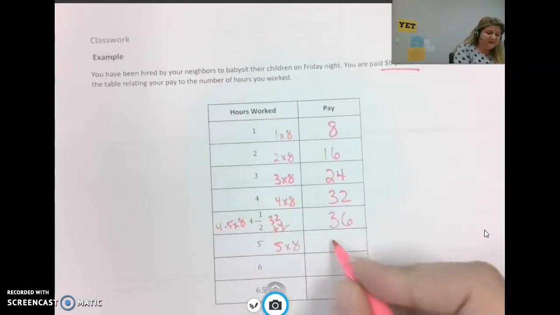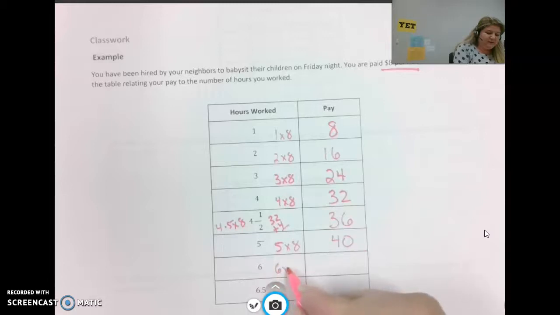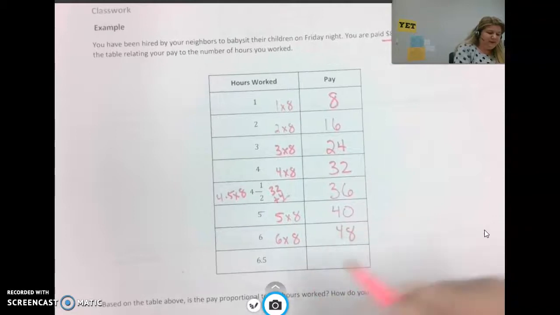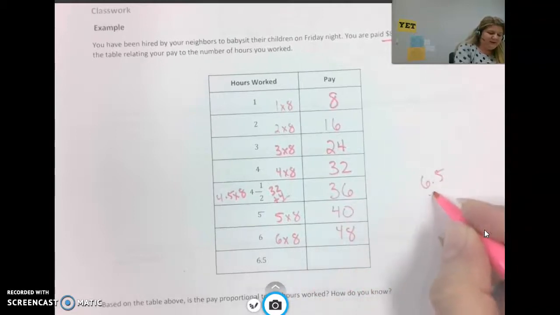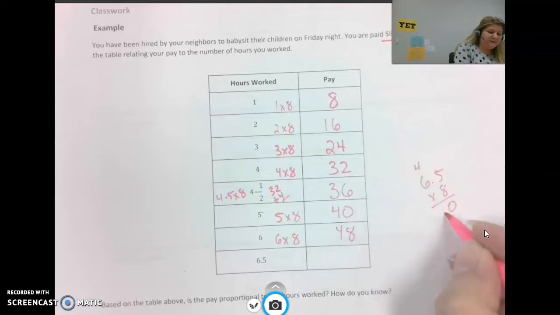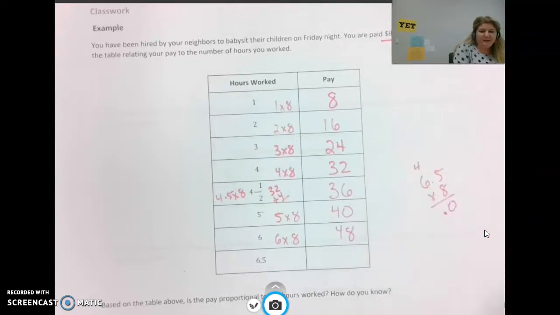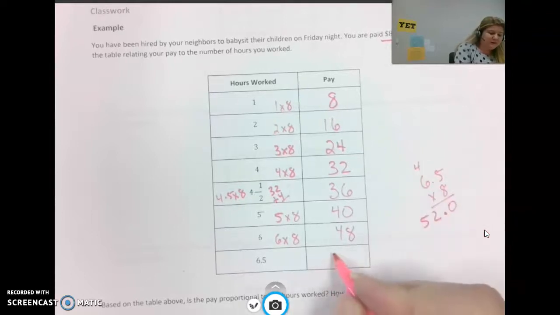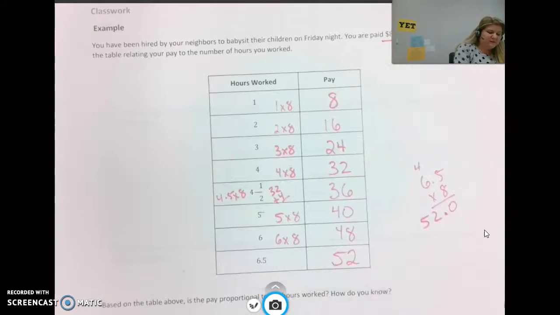So 5 times 8 is 40. 6 times 8 is 48. 6.5 times 8, 0, carry the 4. 6 times 8 is 48, 49, 50, 51, 52.0, or just 52.